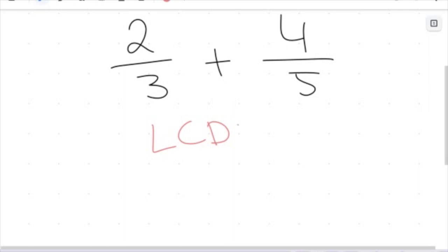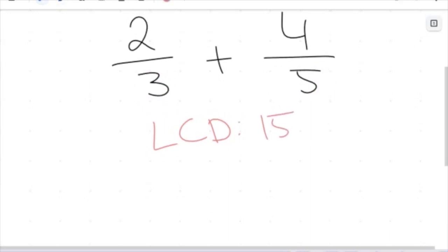For your lowest common denominator, we need the smallest number that 3 and 5 go into. That's 15. And we want to then make both 2/3 and 4/5 into an equivalent fraction with 15 as the denominator.